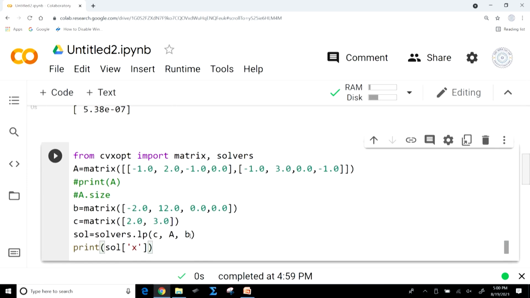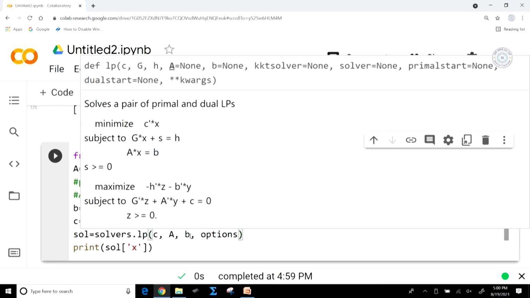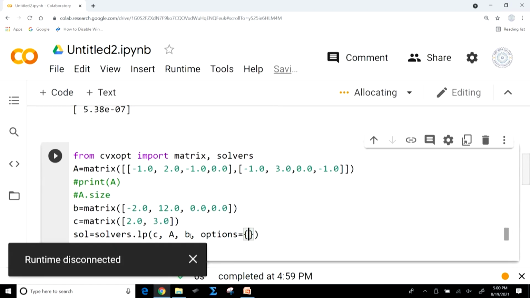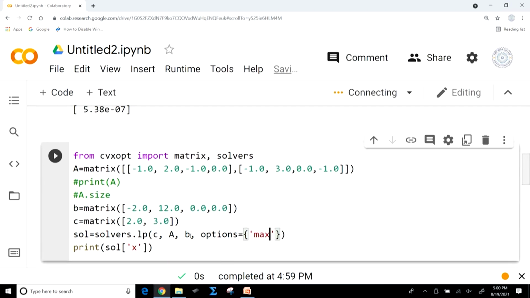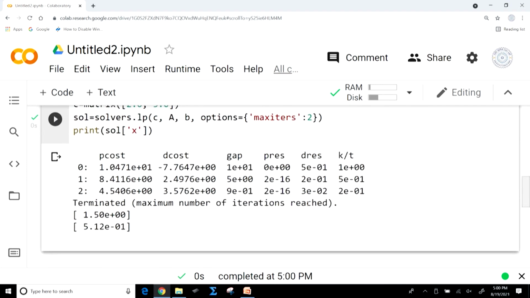You can write here options equal to, and then the maximum iterations, basically it is max iters colon. Suppose you want to see the solution after 2 iterations. So, let us run it. This is the value you are getting here after 2 iterations.